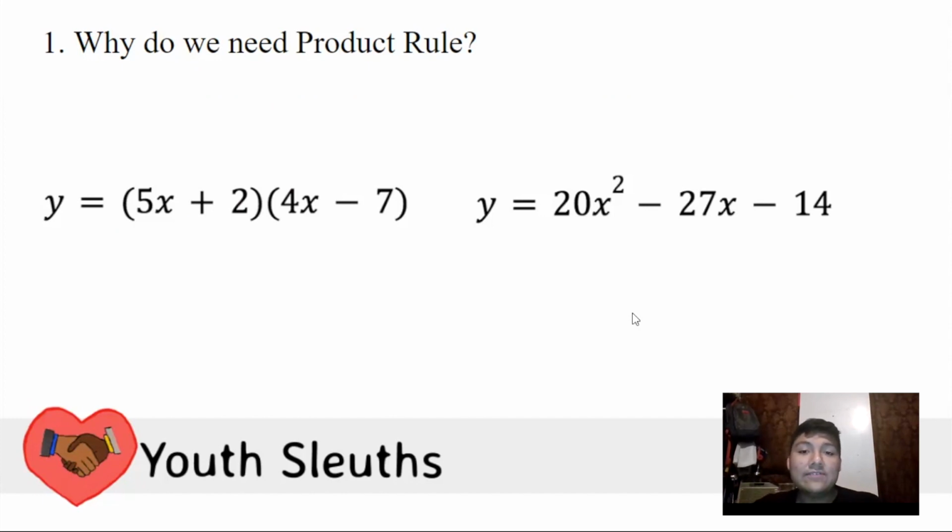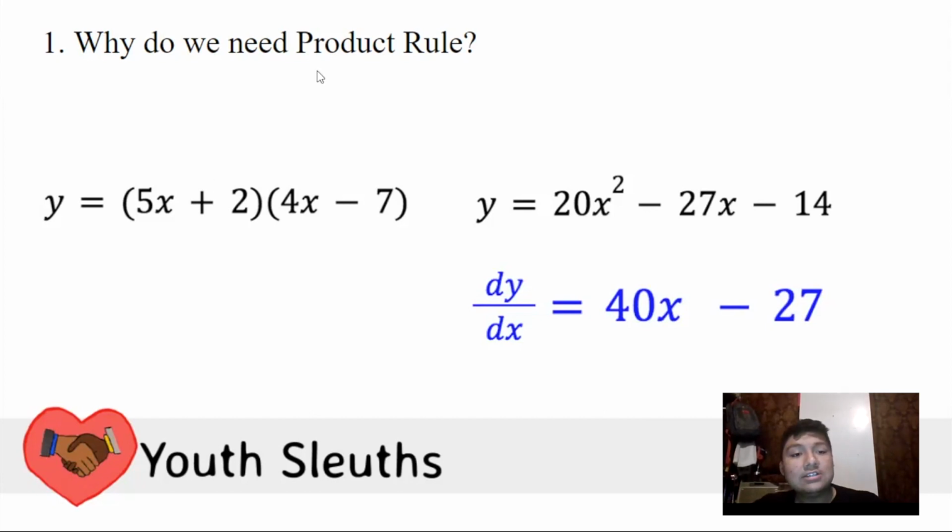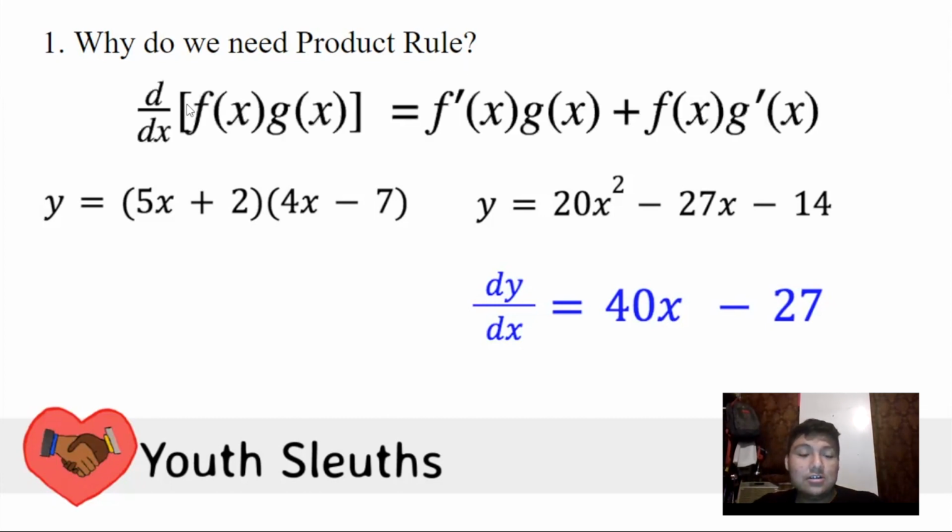On this slide, we have the same quadratic as the previous example. So we already know that dy/dx equals 40x minus 27. But now we need to find the derivative of the other half of the quadratic. So now we need the product rule, which is the derivative of f of x times g of x equals f prime of x times g of x plus f of x times g prime of x.